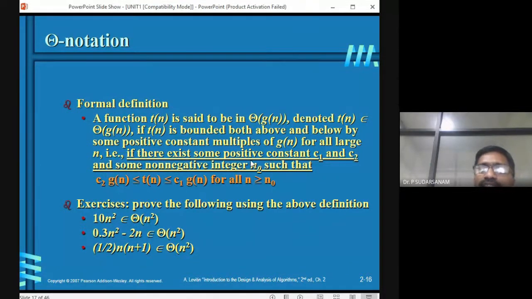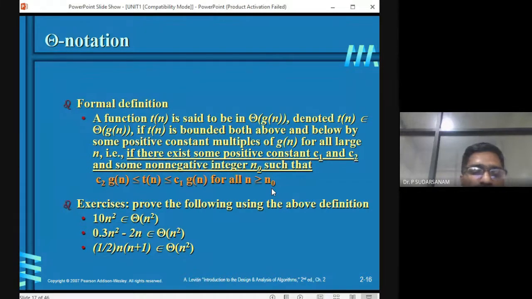That is, there exist positive constants C1 and C2 and some non-negative integer n0 such that C2 G of n is less than or equal to T of n, which is less than or equal to C1 G of n for n greater than or equal to n0. So this is the way of writing the definition.